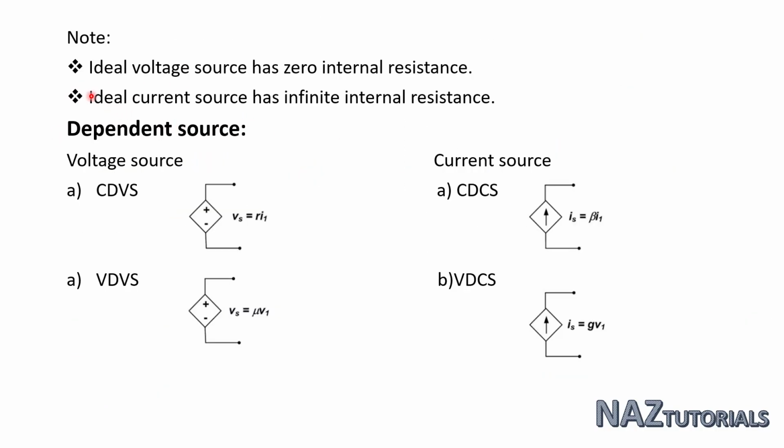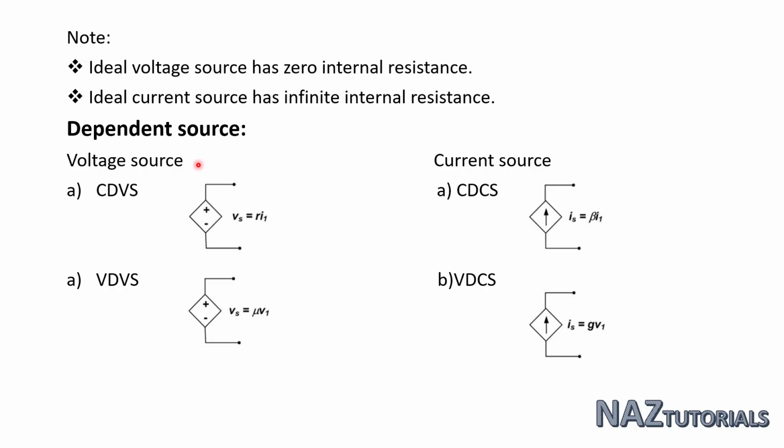So from the previous discussion, we know that an ideal voltage source has zero internal resistance and an ideal current source has infinite internal resistance.